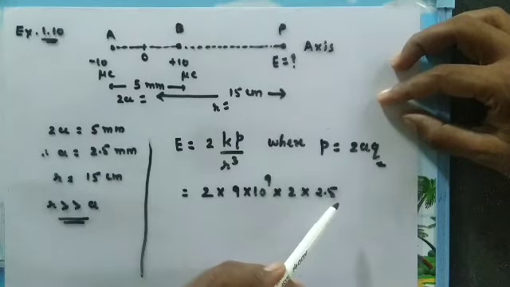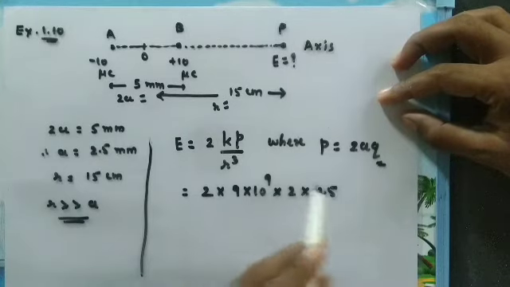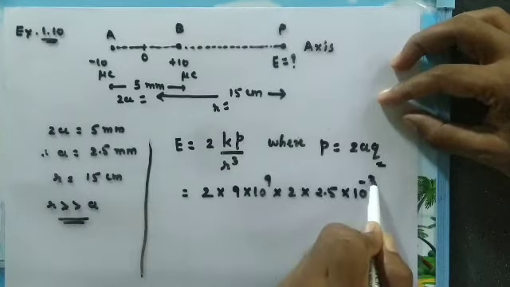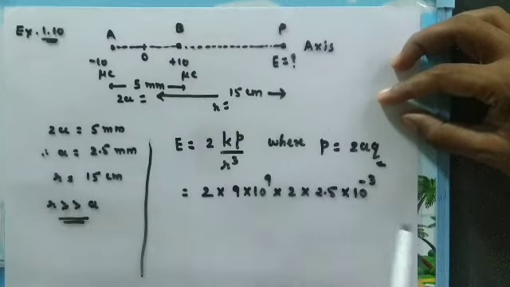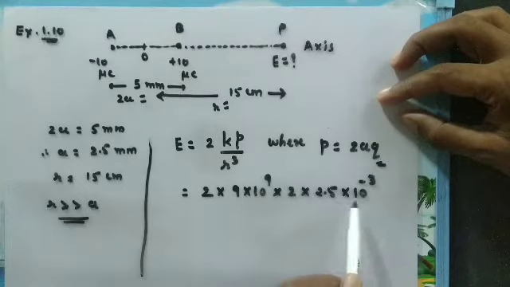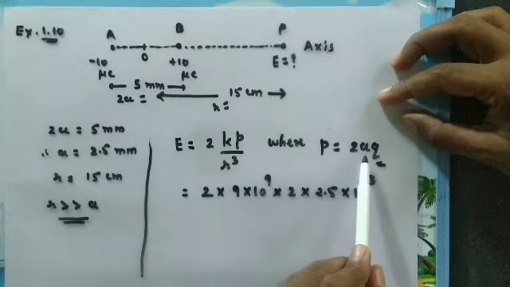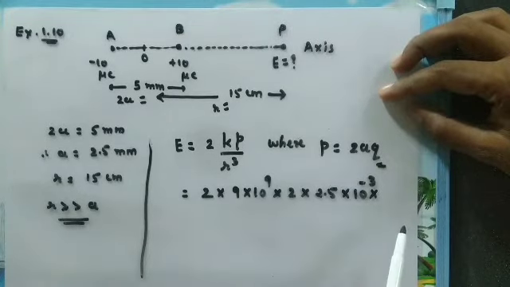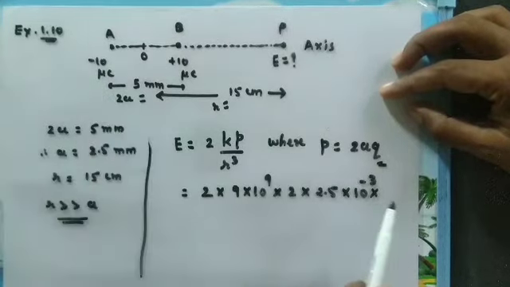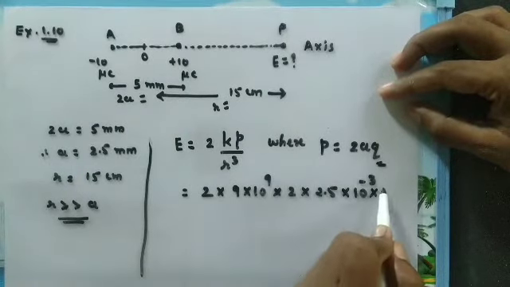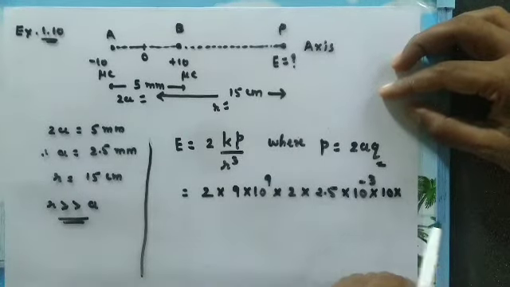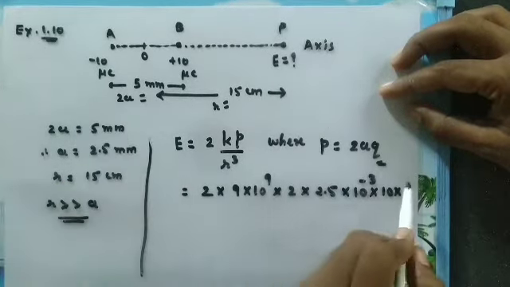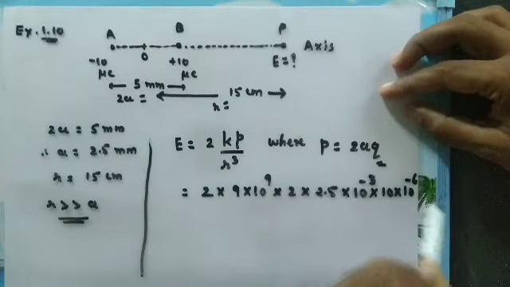When we put the values, we have to put them in the SI system. So millimeter is there; if we convert that into meter, then we have to put 10 raised to minus 3. So 2.5 into 10 raised to minus 3 is the value of A in the SI system, into charge Q, which is 10 microcoulomb. Again microcoulomb is not SI, so in place of micro we will put 10 raised to minus 6.